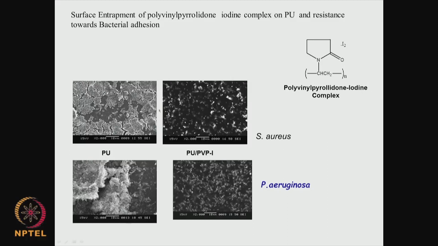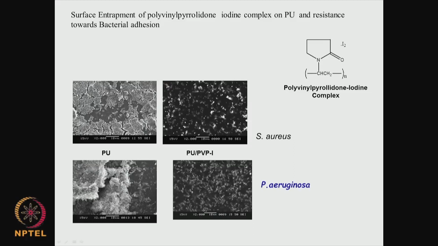So, a big difference in the bacterial attachment. There is practically no bacteria. This is Staphylococcus aureus and this is with Pseudomonas aeruginosa. As you can see, on the bare polyurethane there is a lot of attachment of the Pseudomonas, whereas once I modify this surface with this iodine complex, attachment is practically 0. And you may wonder what these are, more of surface modification after attachment.